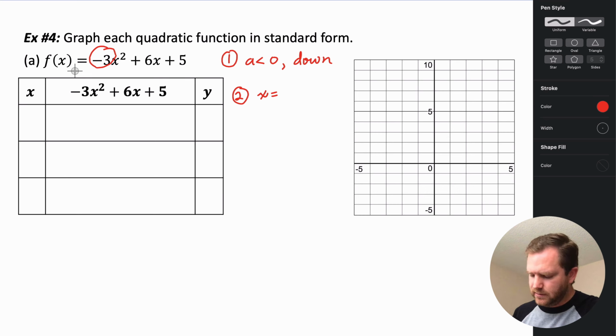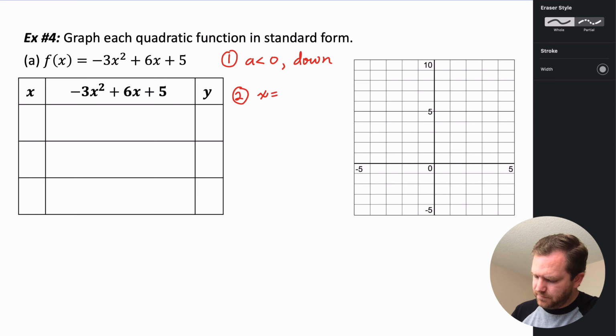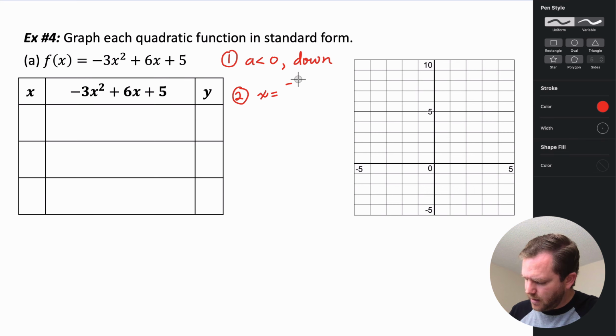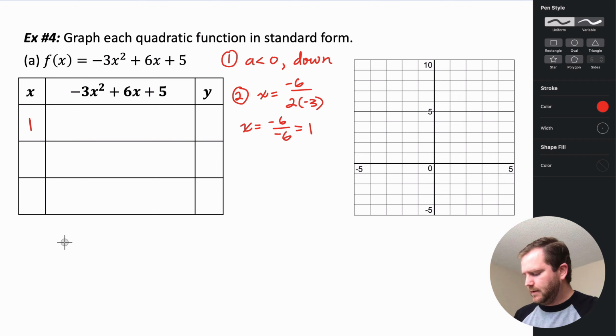So x equals the opposite of b over 2 times a. b is 6, so that's x equals negative 6 over negative 6, which is positive 1. That's the x coordinate. Then let's find the y coordinate by plugging it in.